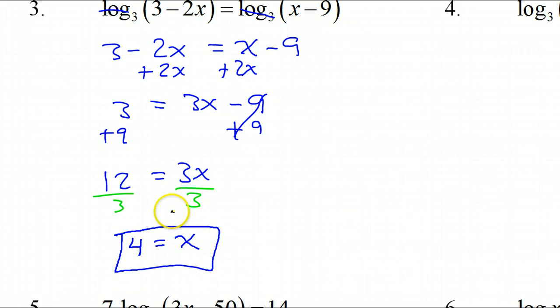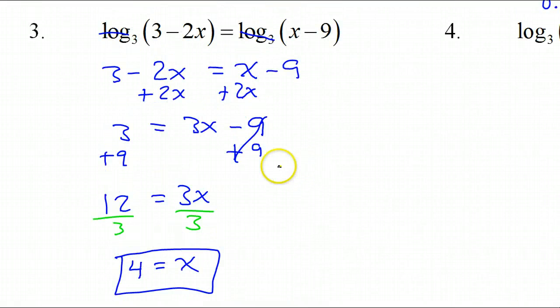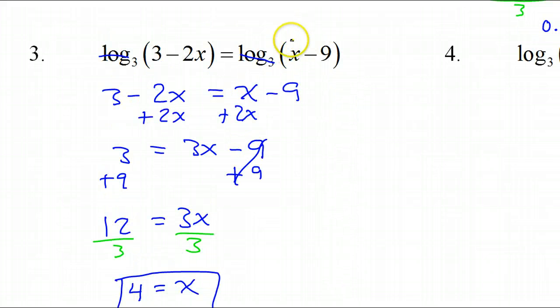Now anytime we're dealing with logarithms, we have to pay attention to whether or not our solutions are extraneous. That means we have to look and make sure we won't get a negative number if we plug it back in. And I think this is going to be a problem. For example, if I put my 4 right here, then that's 4 minus 9.